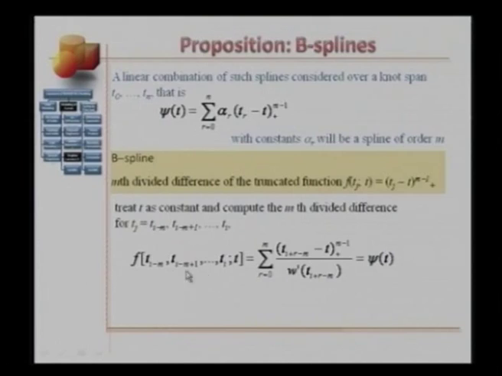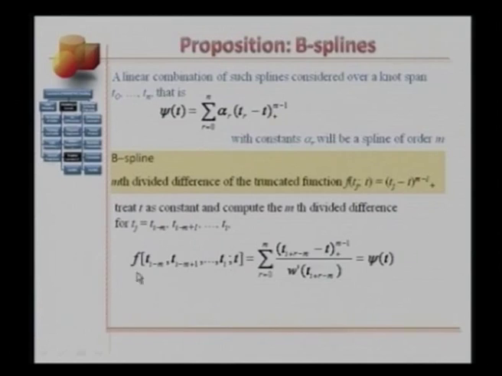Let's look at this expression on the left-hand side. All I have done is I have replaced s's by t's. How many knots do you think we are using? We are using m plus 1 knots, or we are using m knot spans here.